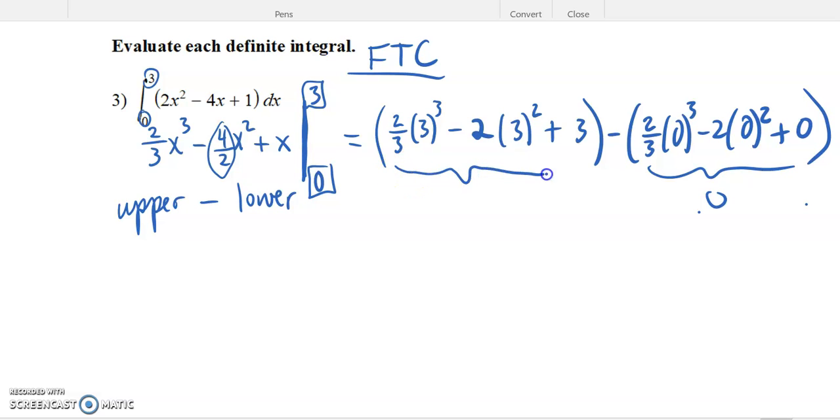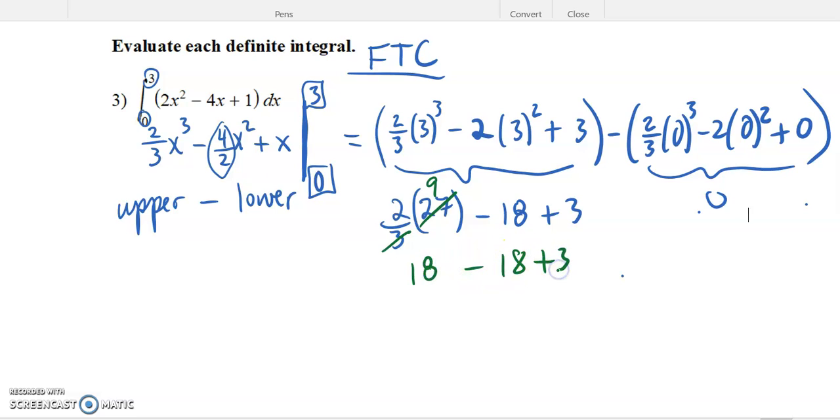And when I compute this value, 3 to the power of 3 is 27 times 2/3 minus 2 times 9, which is 18, plus 3. Okay, and we can reduce the 27 and the 3 because 3 goes into both of them. This would be 9. So this becomes 18 minus 18 plus 3, which just gives me an area of 3.